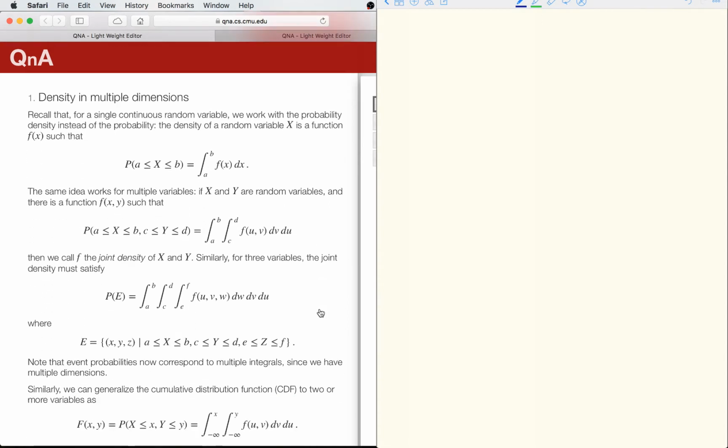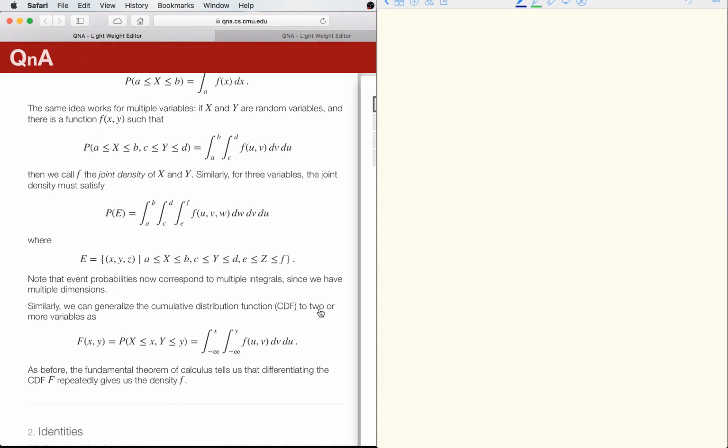For multiple random variables, the story is similar, but I just wanted to go through it to give an idea of what's going on.